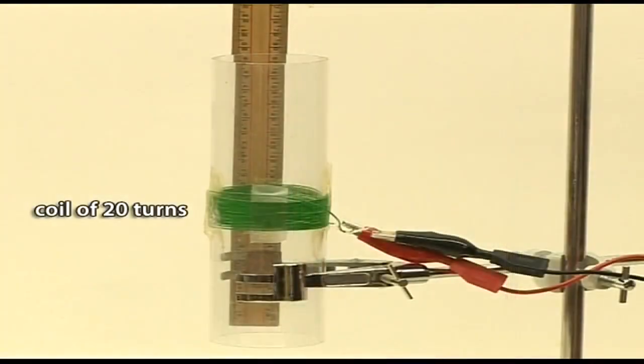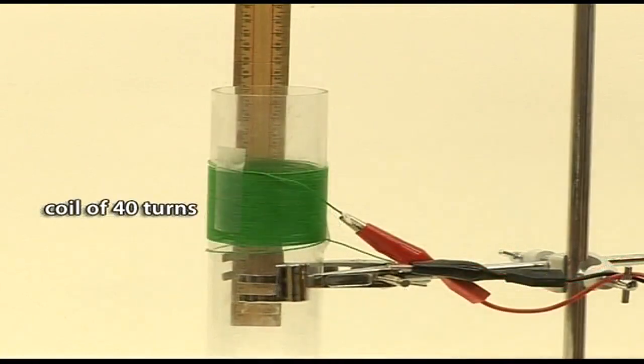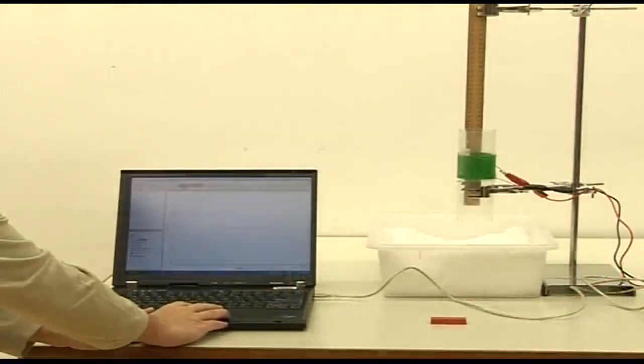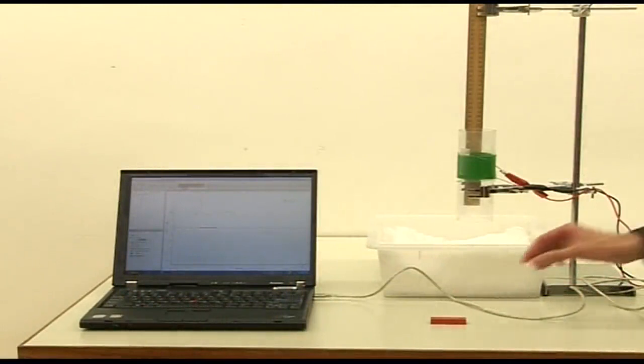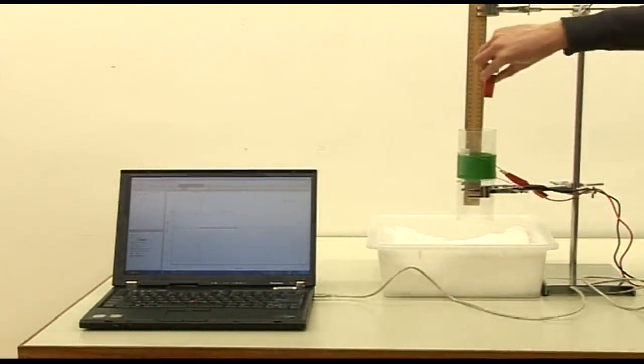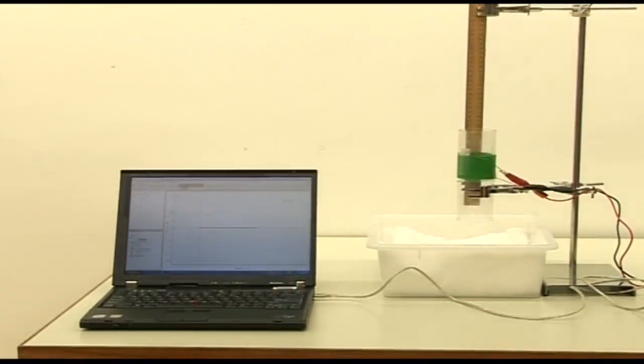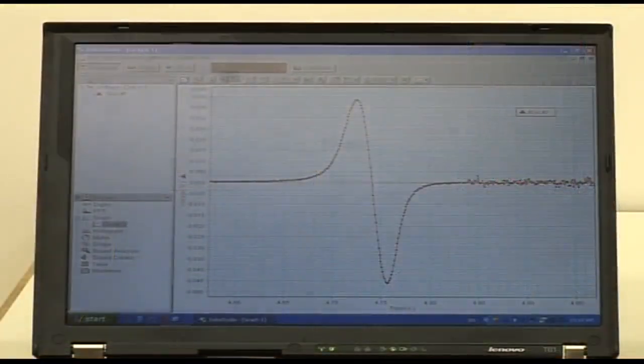Replace the 20-turn coil with a 40-turn one and obtain another voltage time graph. How does the induced EMF in the coil change with its number of turns?